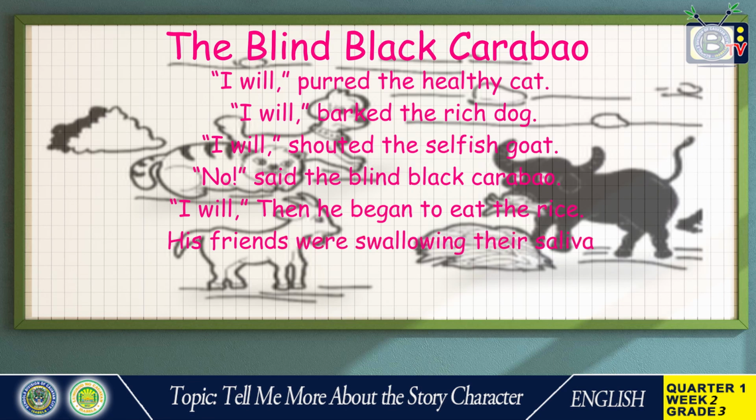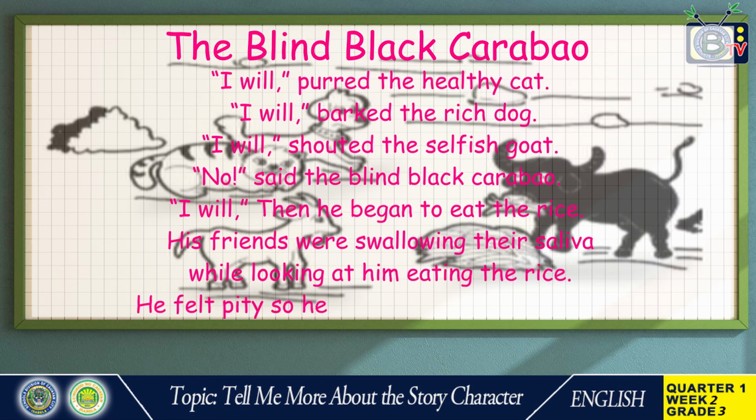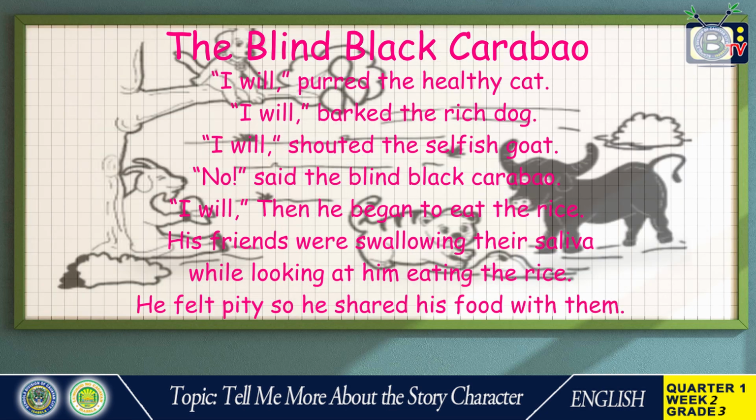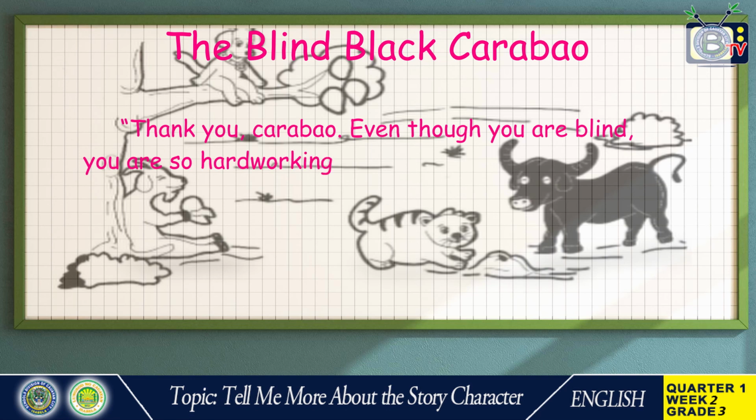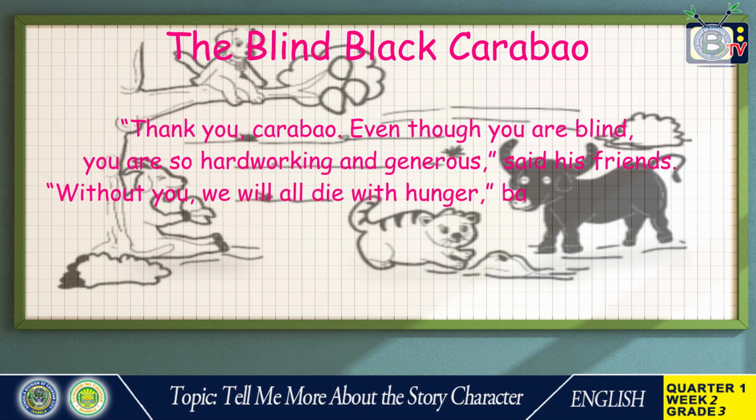His friends were swallowing their saliva while looking at him eating the rice. He felt pity, so he shared his food with them. "Thank you, carabao. Even though you are blind, you are so hardworking and generous," his friends said. "Without you, we will all die with hunger," barked the rich dog.